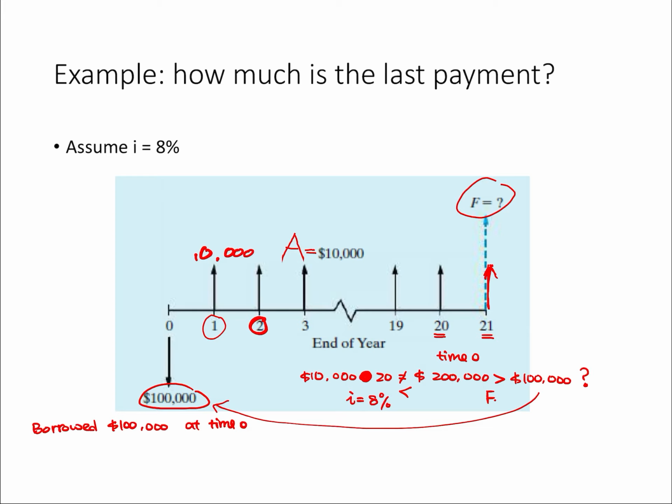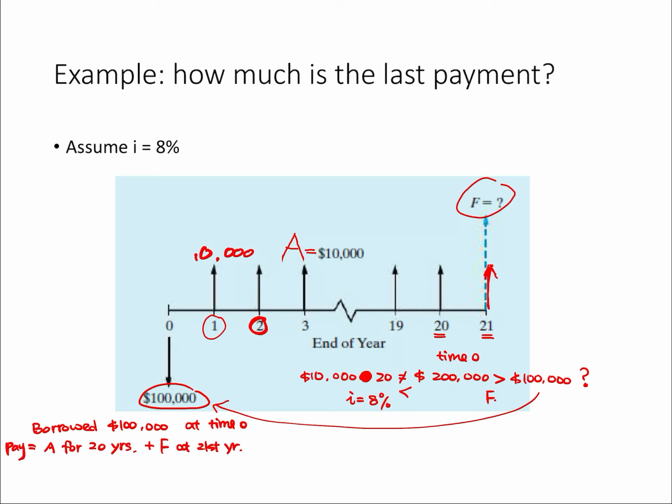And then you pay annuity A for 20 years, and you need to have a lump sum at the 21st year, right? And that's your payment.